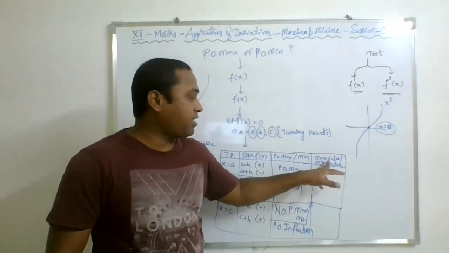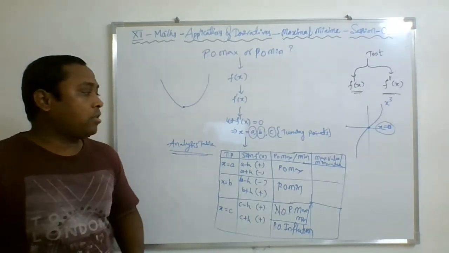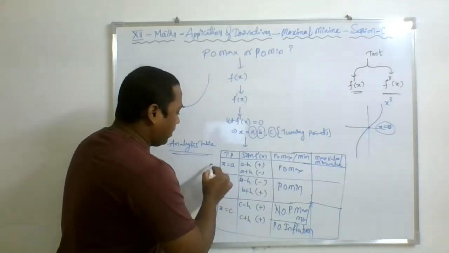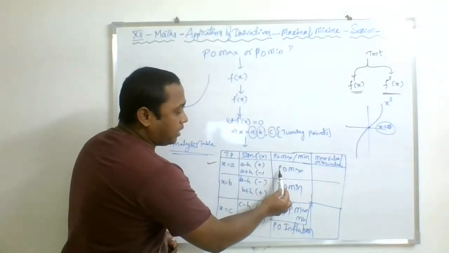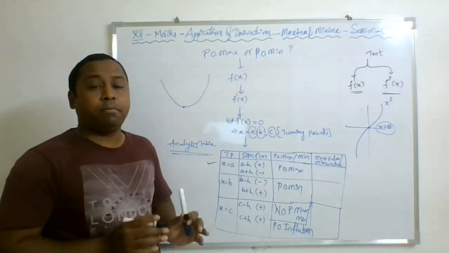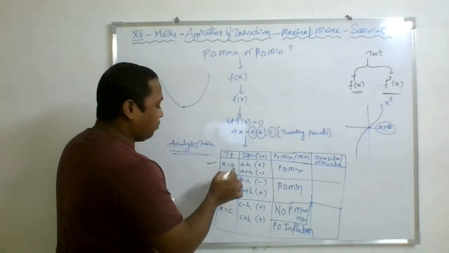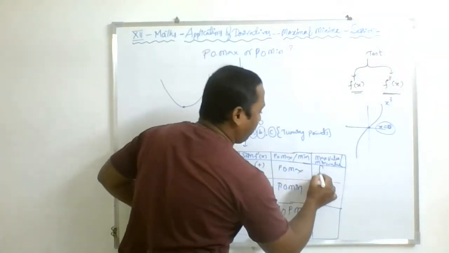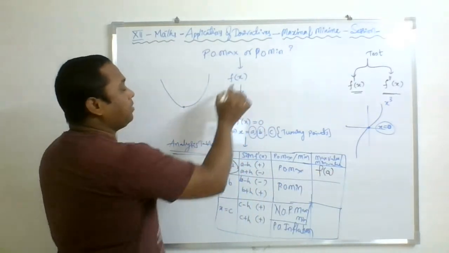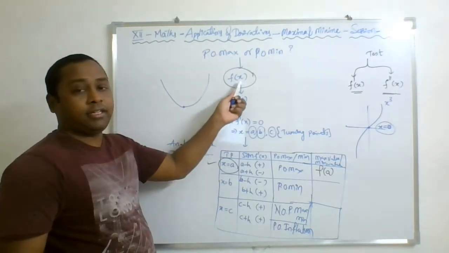What about the maximum value and minimum value? When we are talking about the maximum value and minimum value, let us take x is equal to a, already decided that it is a point of maxima. Now I want to find the maximum value of the function. In this case, we will find the value of the function at this point, that is f of a. In the given function, we will put that turning point.